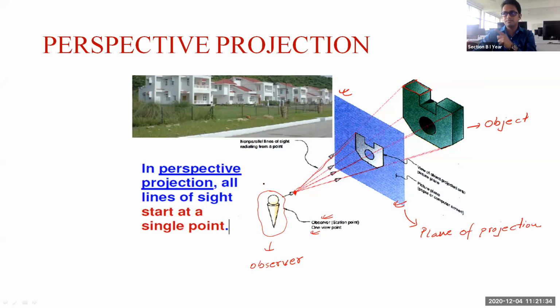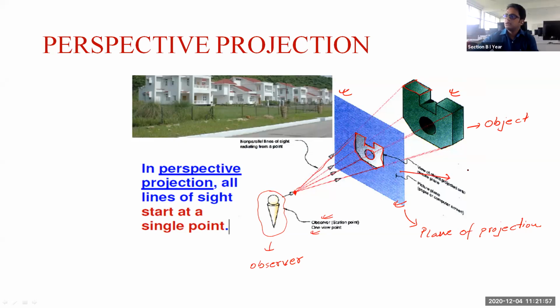One more thing you can observe here: the object size and your projection size. Is it the same or different? The size of the projection we have observed is different.